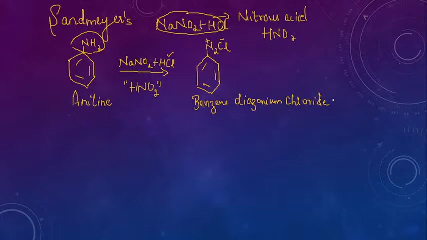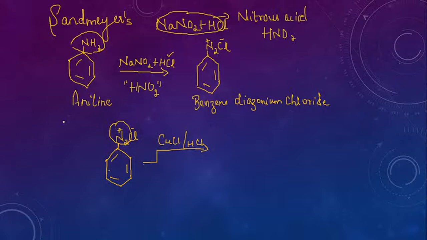So benzene diazonium chloride. Now take this freshly prepared benzene diazonium chloride, that is N2+ and Cl-, and treat it with cuprous chloride, again in the presence of mineral acid. Here this N2 group is a good leaving group, my dear students.